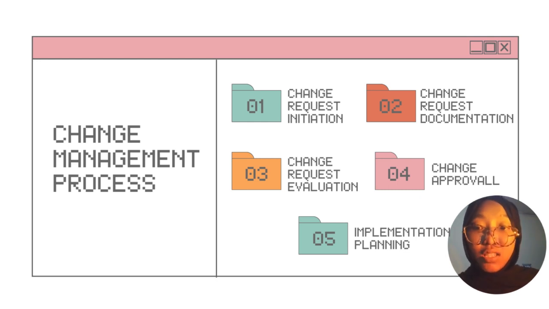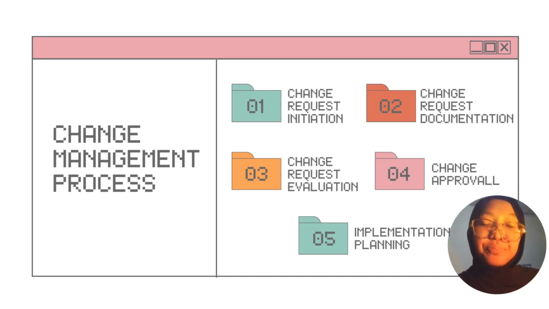And the third is change request evaluation. The change request undergoes a thorough evaluation process to determine its feasibility and impact. This involves collaboration among relevant stakeholders, including developers, project managers, and quality assurance teams.